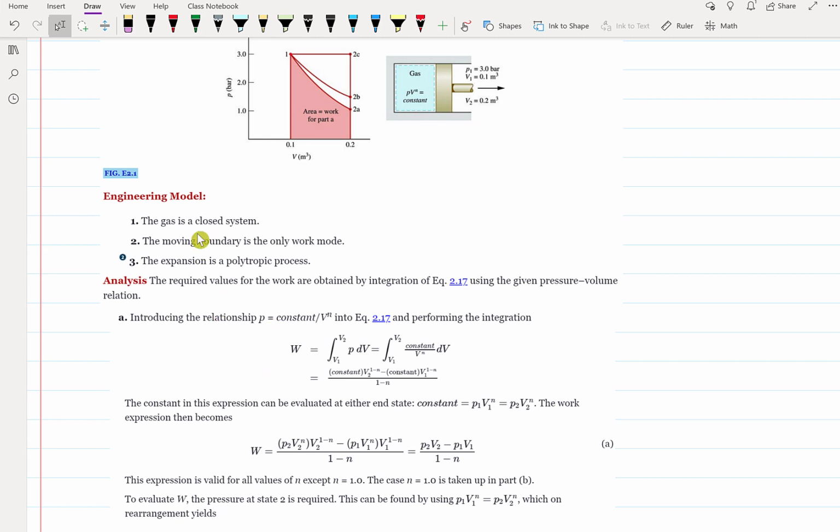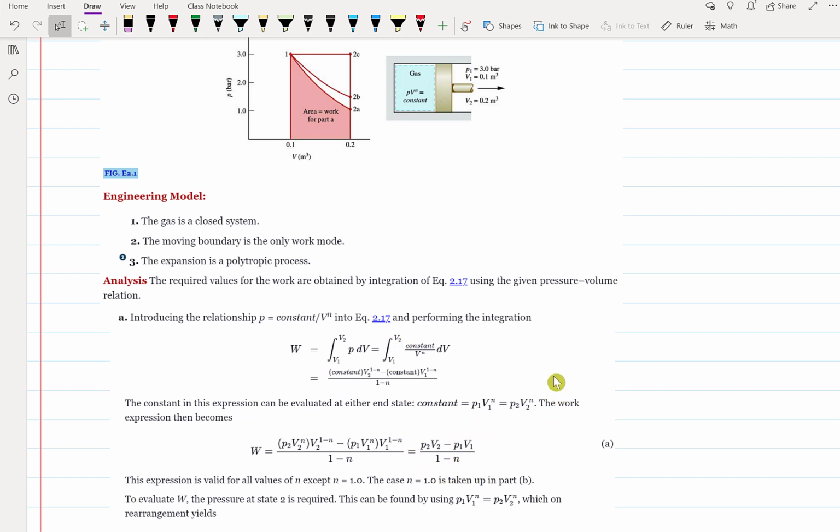This is moving boundary work, so work is the integral of pressure times the differential of volume, from initial volume V1 to final volume V2. Using the polytropic process, we can express pressure in terms of volume, and integrating from V1 to V2, we get these relations.